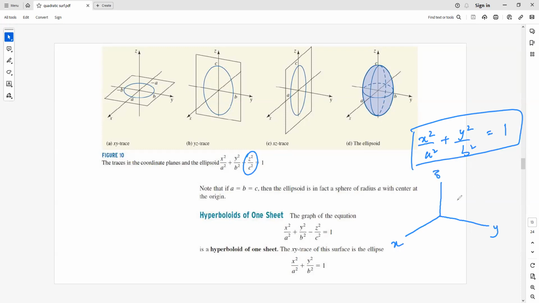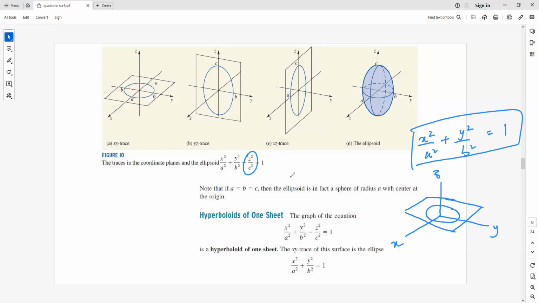So my xy plane looks like this. So it will be an ellipse on this plane, so I can draw it like this. Right, so it's an ellipse on the xy plane.